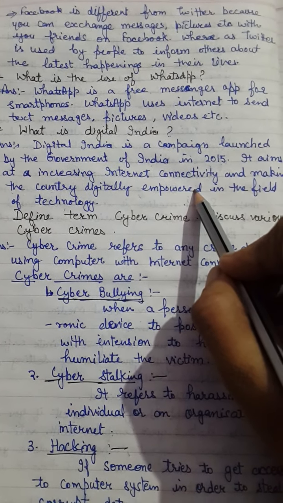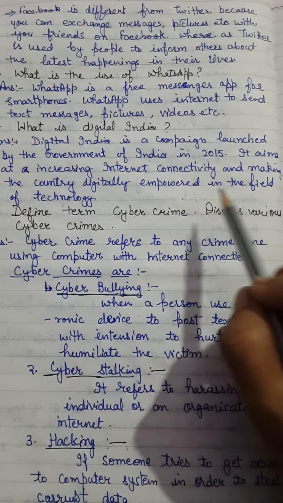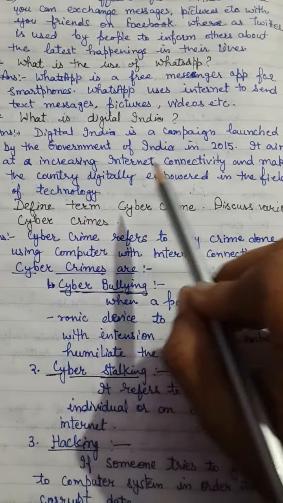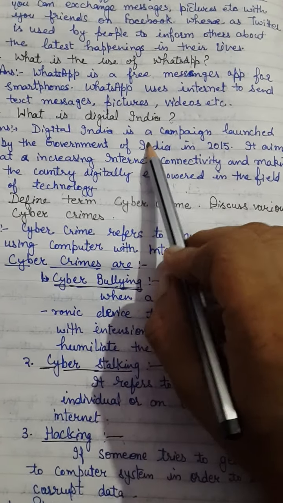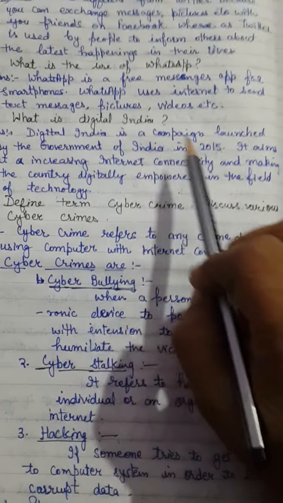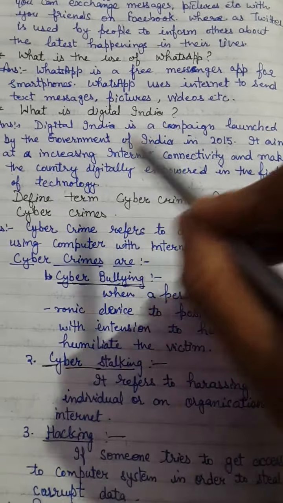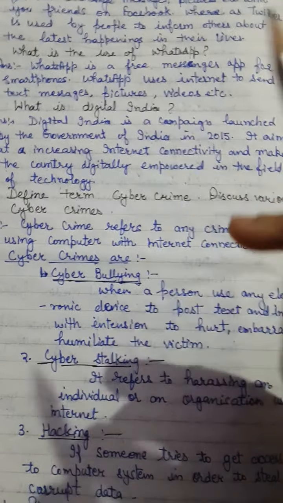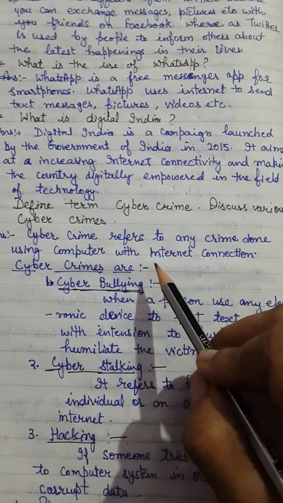Every application uses the internet in the field of technology. Now your country is Digital India because of one campaign, and their aim is to connect each and every field with the internet. Okay, this is Digital India, that's why.